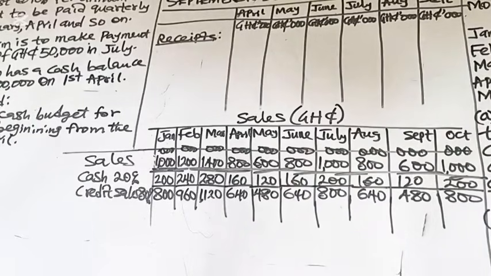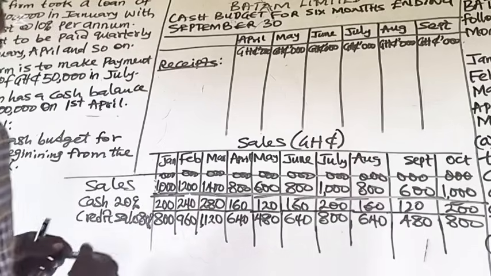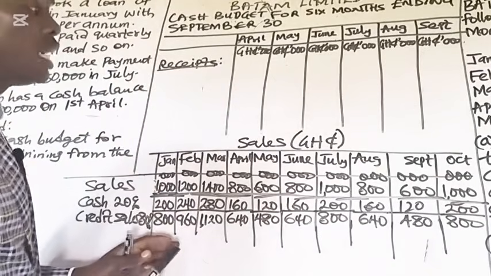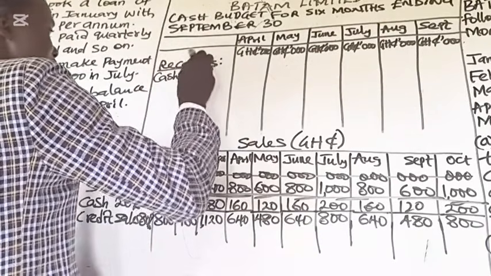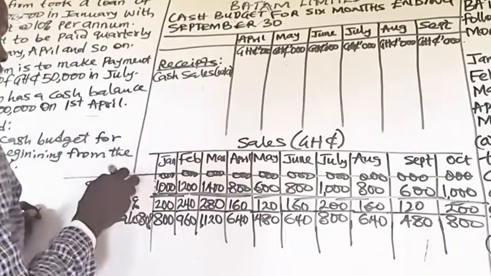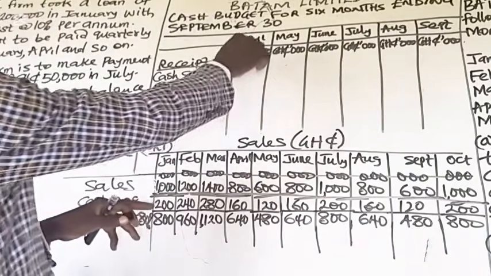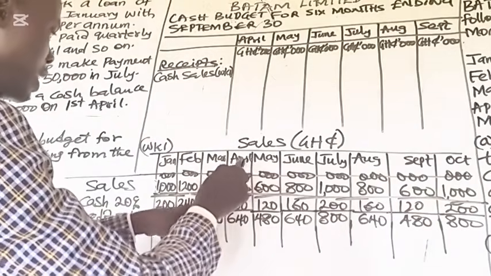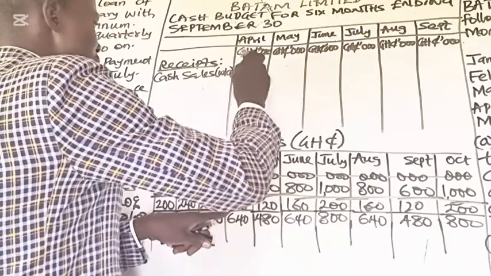And one thing I want you to bear in mind is that cash sales will be received immediately. So that means the cash sales will be received the very month in which the sales are made. So we have cash sales. Let me have this as working number one. The cash sales. Now, our budget starts from the month of April. In the month of April, the cash sales amounted to 160.